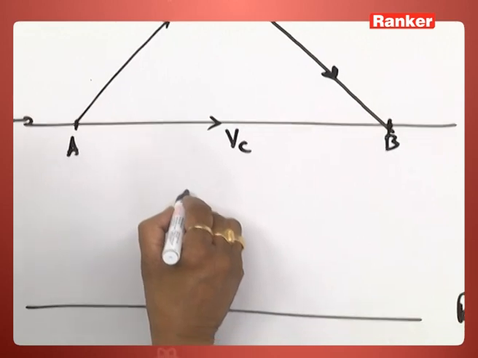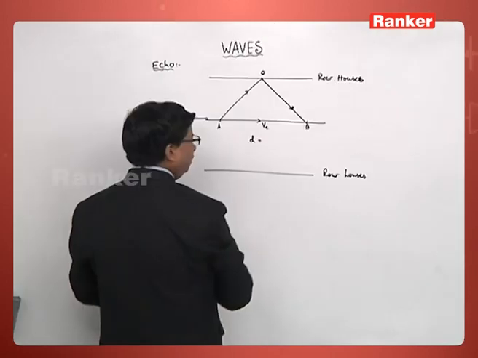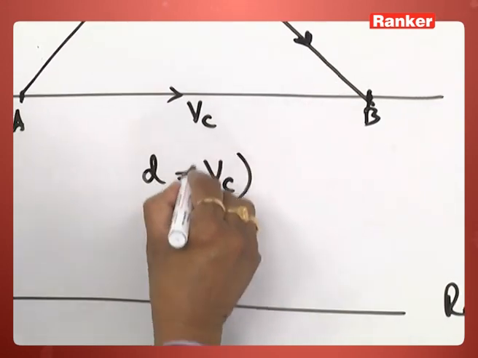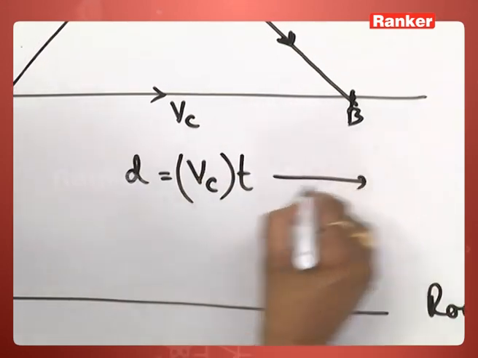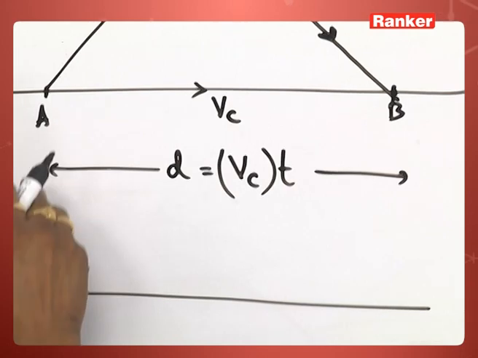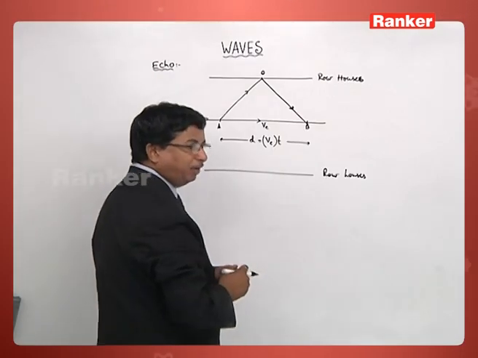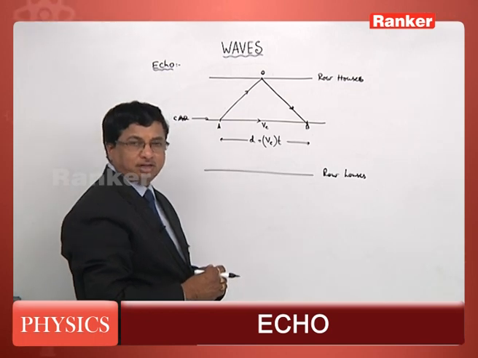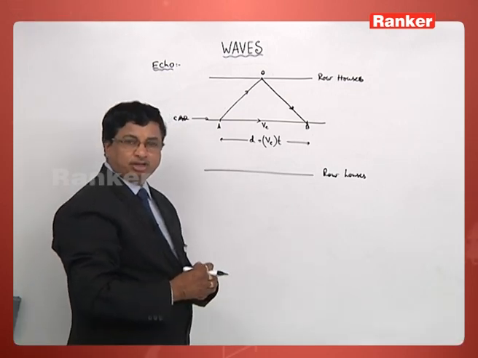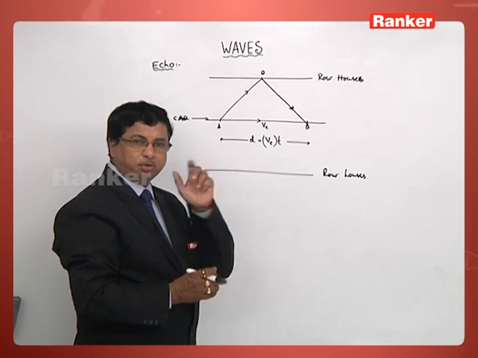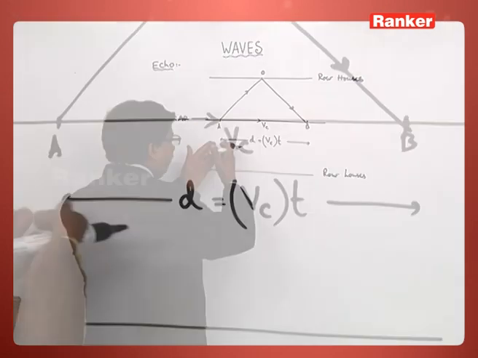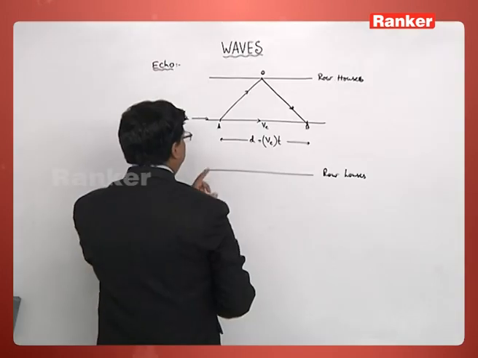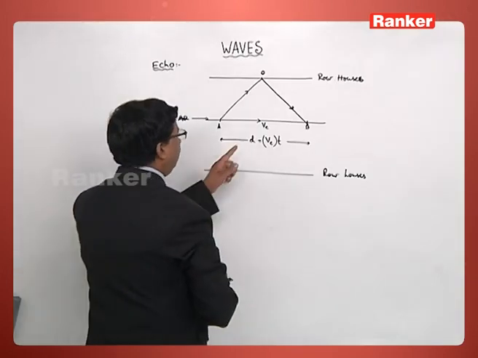If I write that distance as D, it is the speed of the car into the time taken by that sound to reach him again in the form of an echo. In other words, T is nothing other than the time after which he could hear the echo. Now this is the total distance AB that we have calculated, where Vc refers to the velocity of the car.